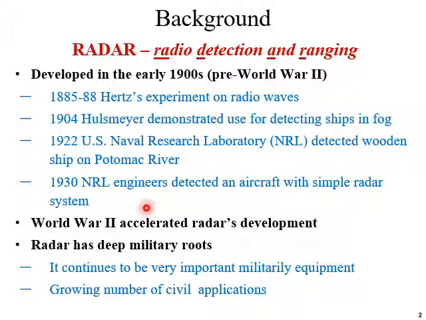So a lot of development took place during the Second World War. After the Second World War, an excessive amount of research took place in antennas, microwaves as well as electronics, and all these inventions helped radar technology.